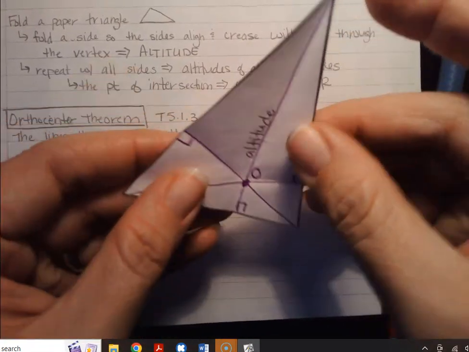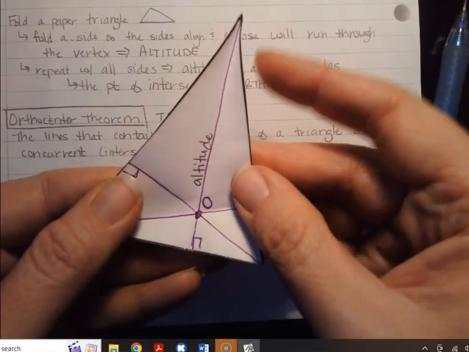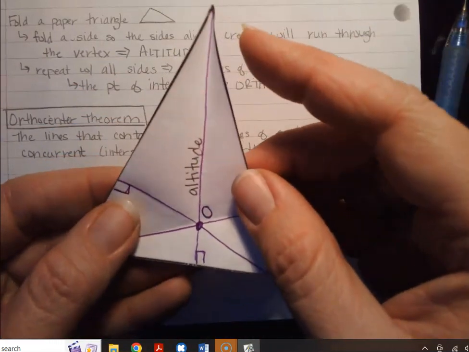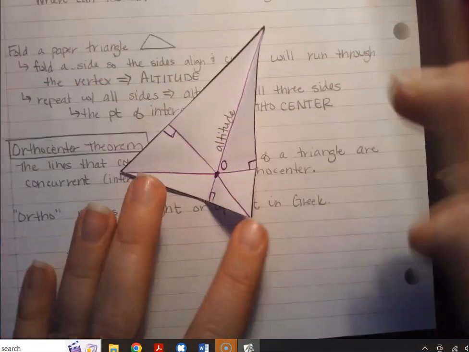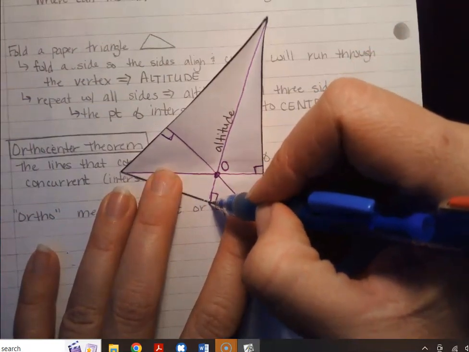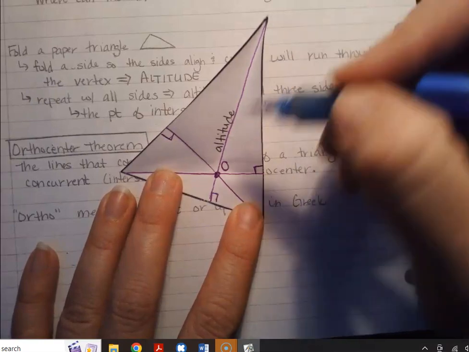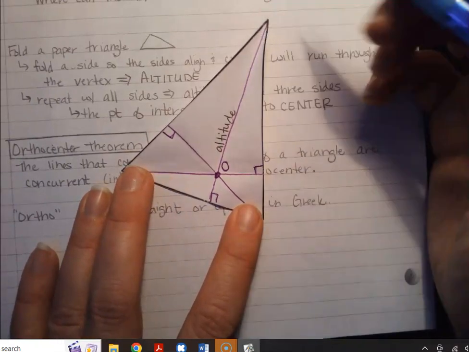We got 3, right? We folded it and we got 1 altitude. The lines extending from O are just a byproduct that we need. But from the base to the vertex is 1 altitude. Okay. All right.